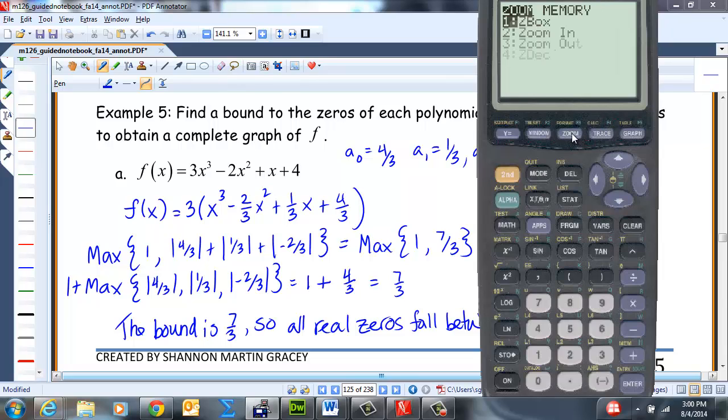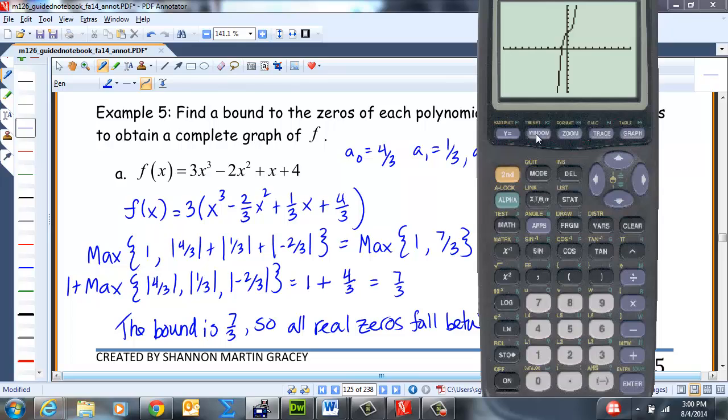And if we go to zoom, I'm going to do zoom standard for the moment. And so basically I could be secure even if I went from, let's see, 7/3 is like what, 2 2/3.